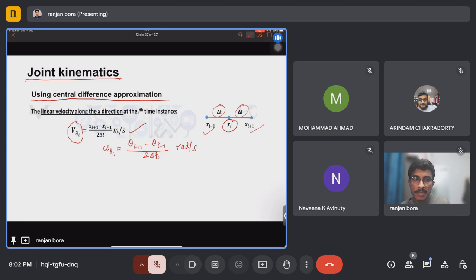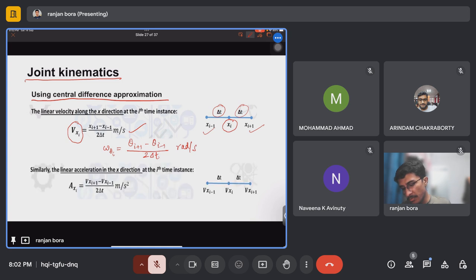Here thetas are angles of the joints. Similarly, the linear acceleration in x direction at the ith time instance can be given by Vx i plus 1 minus Vx i minus 1 divided by twice delta t.